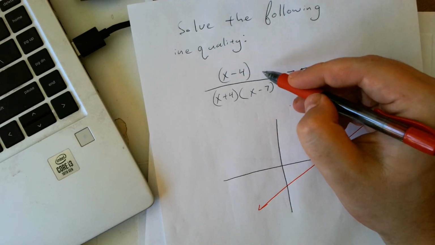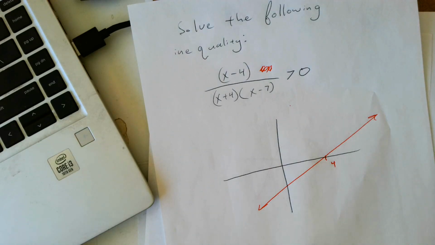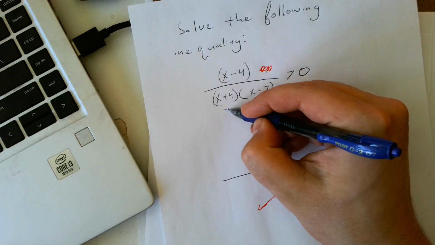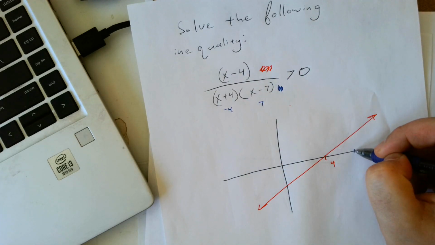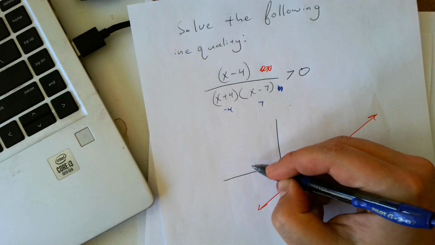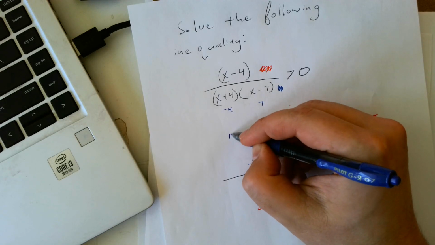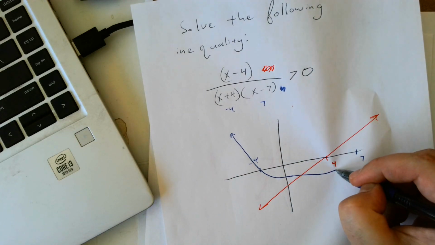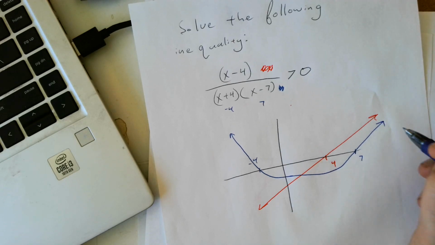This red is just a graph of my numerator. Let me get a little key right there. My denominator is a parabola with roots at negative 4 and positive 7. It's ugly, but it's good.